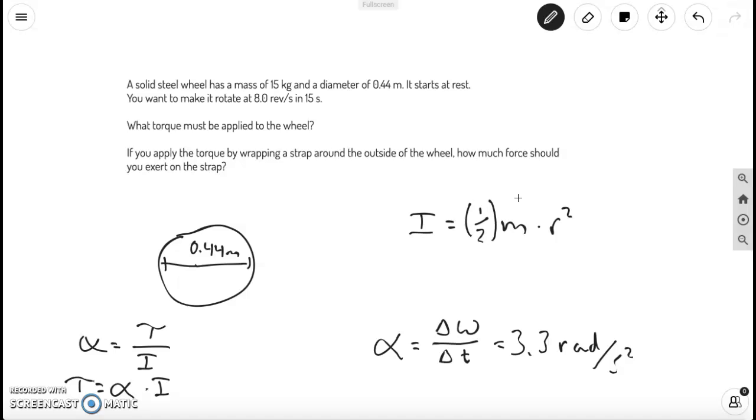And so we get 0.36 kilogram meter squared as our moment of inertia.